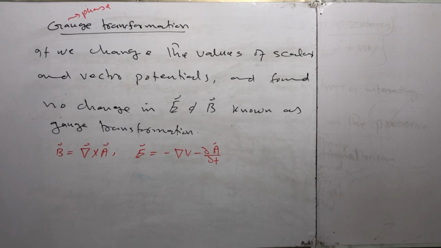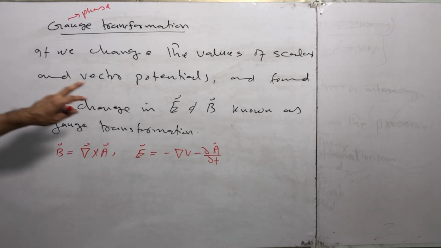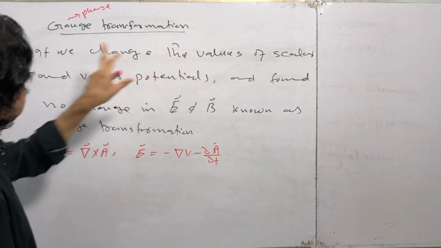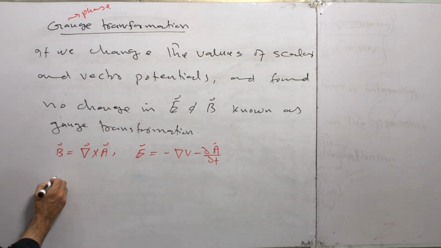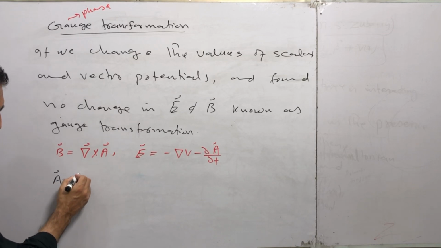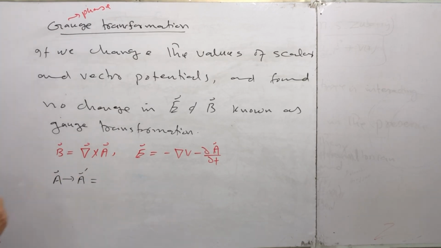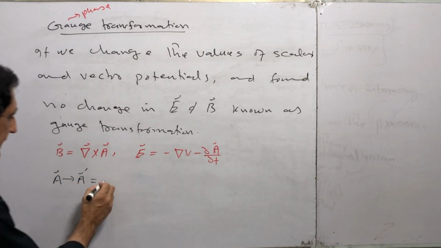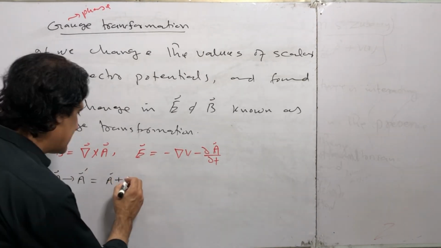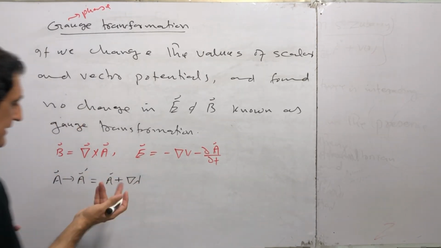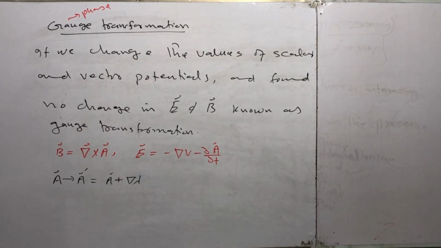Now if we change the values of the scalar potential and vector potential, for example, we replace A by A prime, which is equal to A plus del lambda. So this is the change.